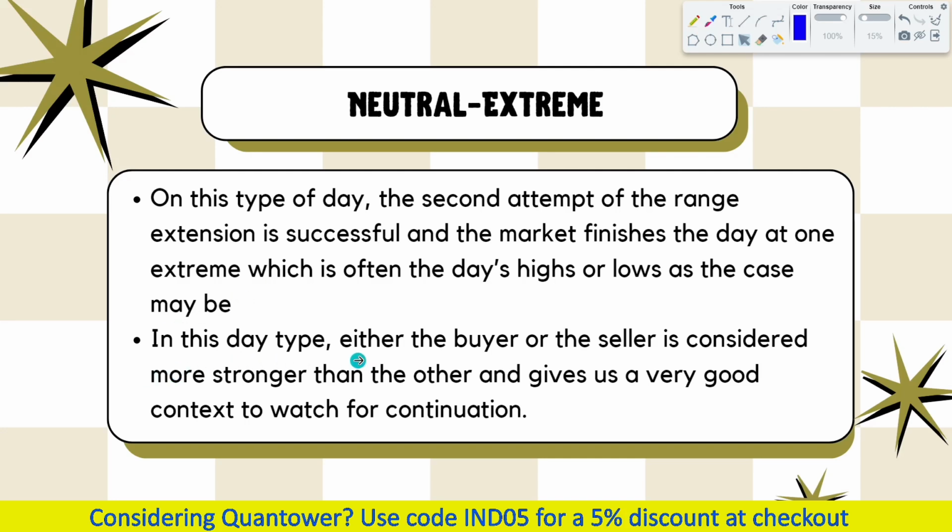In this day type, either the buyer or seller is considered stronger than the other, and it gives us a good context to watch for continuation. This is very important. A lot of people just ignore neutral days because we don't have big momentum, and yes, you need to avoid trading them. But neutral extreme is going to help you with further days' context also. So let's see how. Let's jump to quant hour.